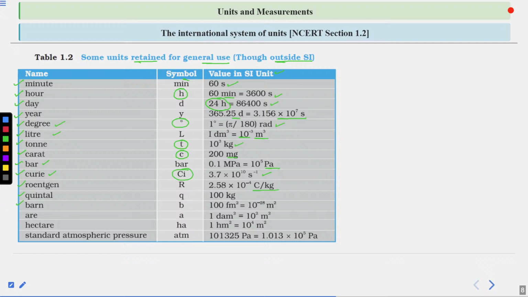Quintal is denoted by symbol Q. 1 quintal is 100 kg. Barn is denoted by B. 1 barn is equal to 100 Fermi meter square, or in meter it will be 10 raised to the power minus 28 meter square.